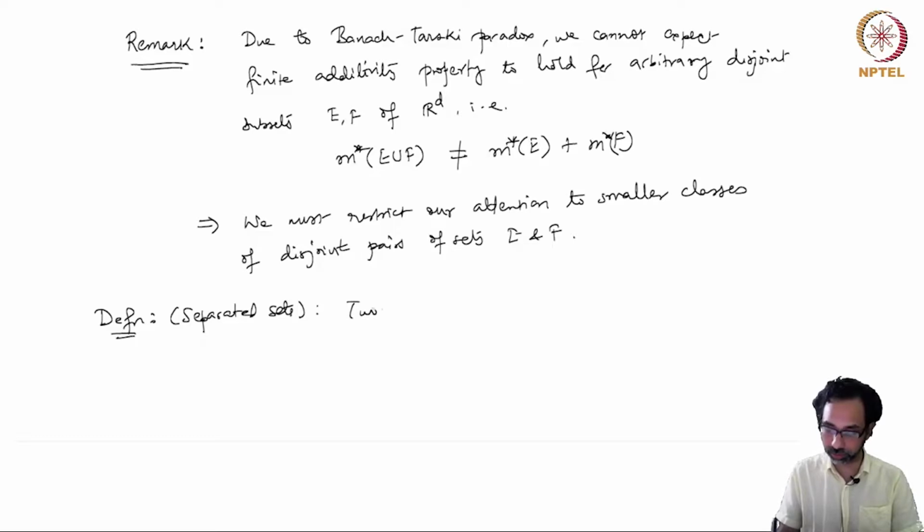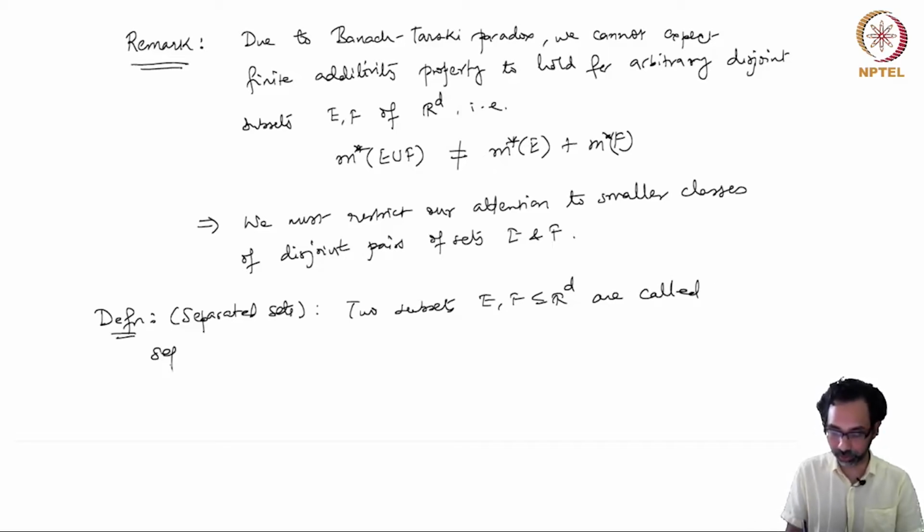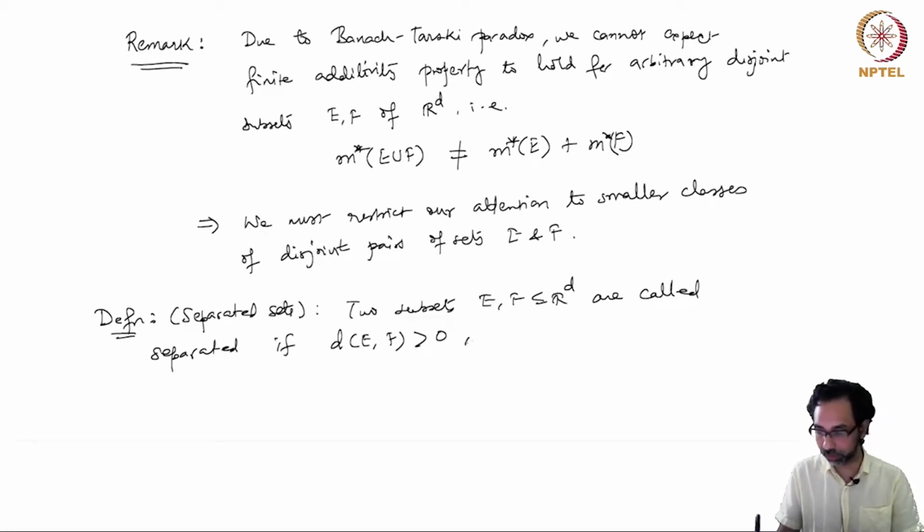So two subsets E and F of Rd are called separated if the distance between E and F is strictly greater than 0.